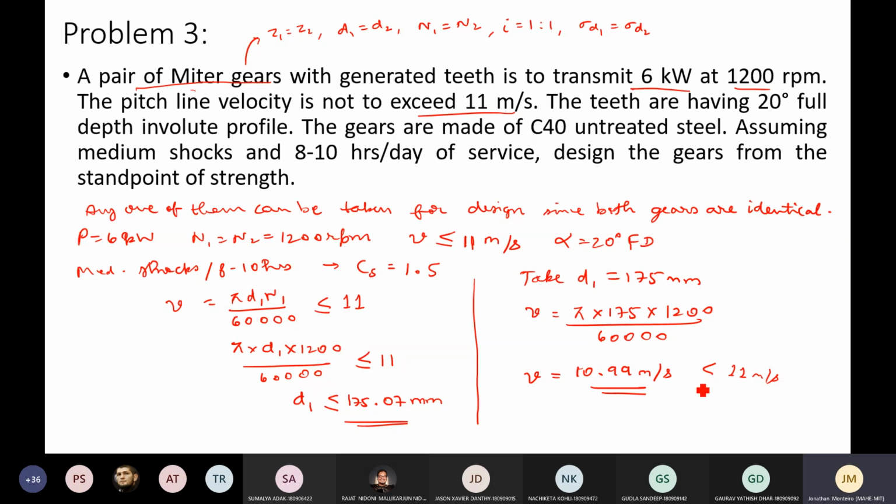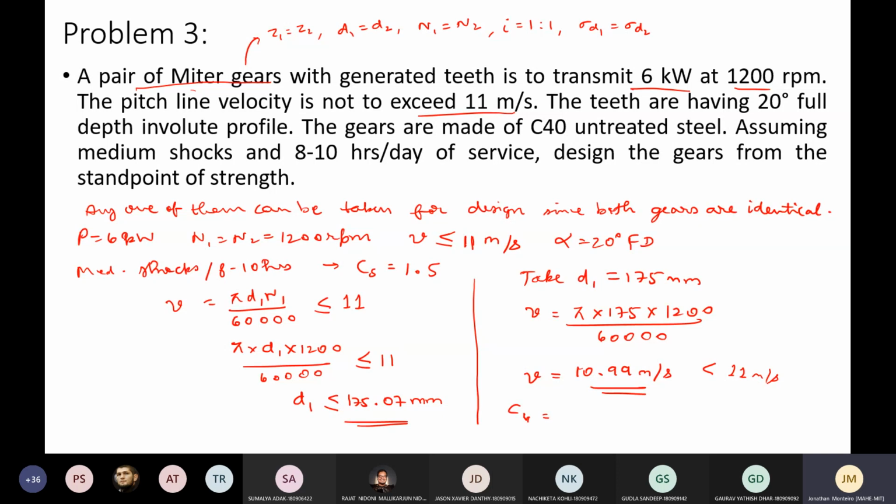Fine. Next, what about the CV factor? Which factor should we take? Now CV factor is dependent on how it is manufactured, whether it is form cutters or generated teeth. Now, of course, if the problem has not mentioned, we can assume form cutters usually.